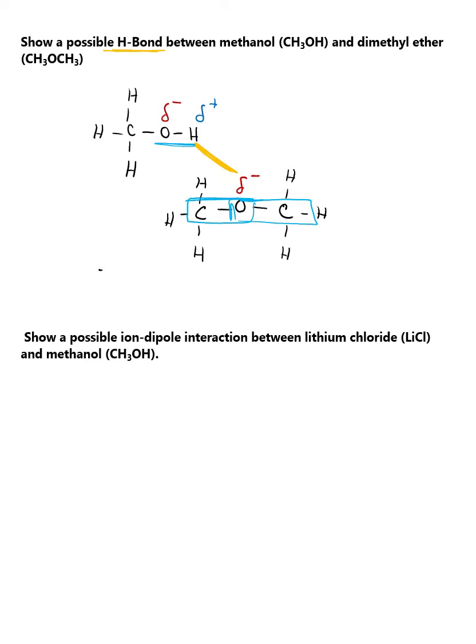For you to have ion-dipole, you need to have an ionic compound. I have lithium chloride, and you need to have something with polar bonds, which is this methanol molecule right there. So I'm going to write down again my methanol.